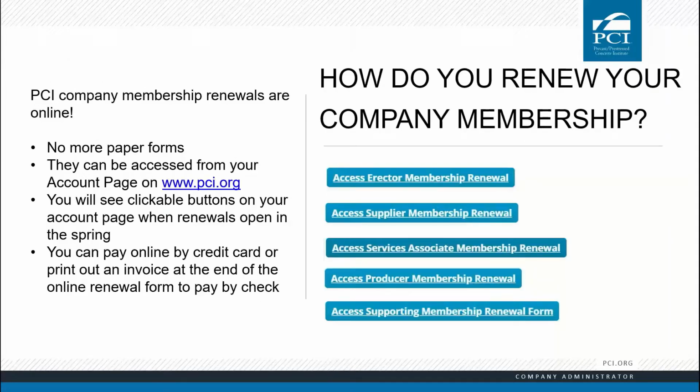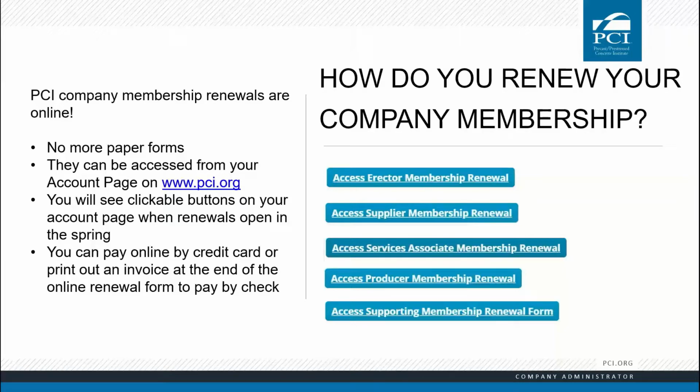The first area where company admins are important is renewing your company membership. PCI has moved the renewal process online, removing the need for any paper renewals. Each spring, you will receive an email notifying you that your company's PCI membership renewal form has opened.